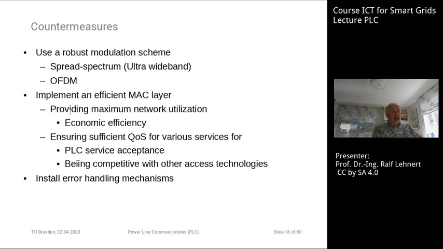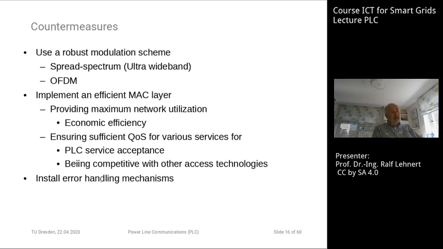Of course, the goal is to provide maximum network utilization, but also we need efficiency for all services, fairness for all services, and quality of service, with different quality of service requirements for different services. So we must be able to do this, otherwise we won't have acceptance of the technology, and we must be able to be competitive with other access technologies in the world.